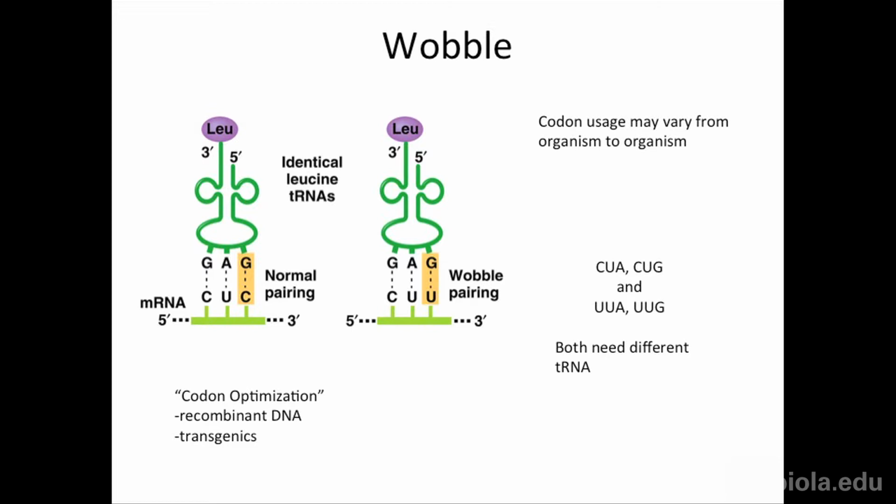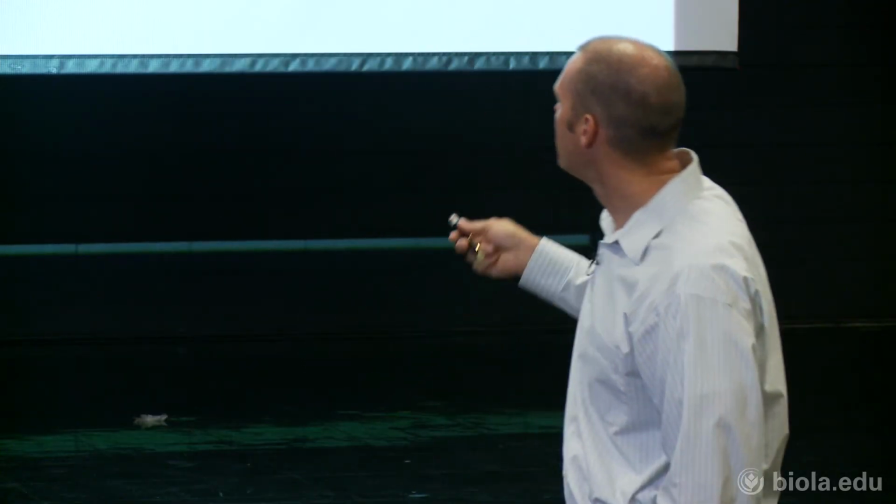And that's because the base pairing at that 3rd nucleotide is not the most important thing to getting it down. So if it can make the first 2 base pairs, then the tRNA is probably going to work. The same tRNA is probably going to be able to work on both codons, because that 3rd one doesn't matter so much.